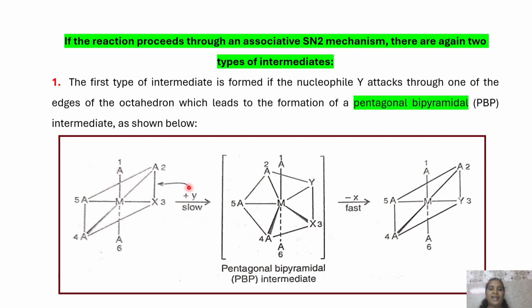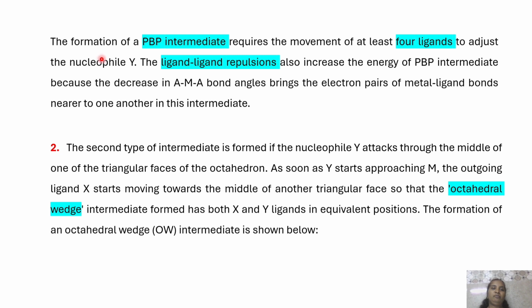Nucleophile Y is attached to this octahedron, resulting in the formation of the pentagonal bipyramidal intermediate, and with the loss of ligand X, finally the final product came. In the formation of the pentagonal bipyramidal intermediate, it requires movement of at least 4 ligands to adjust itself for the attack of the nucleophile Y.